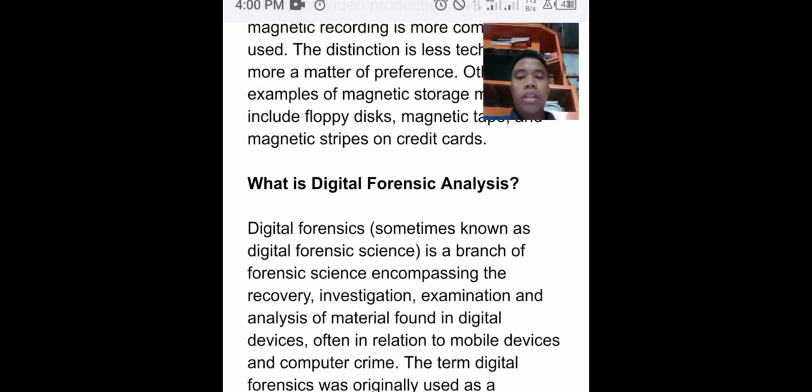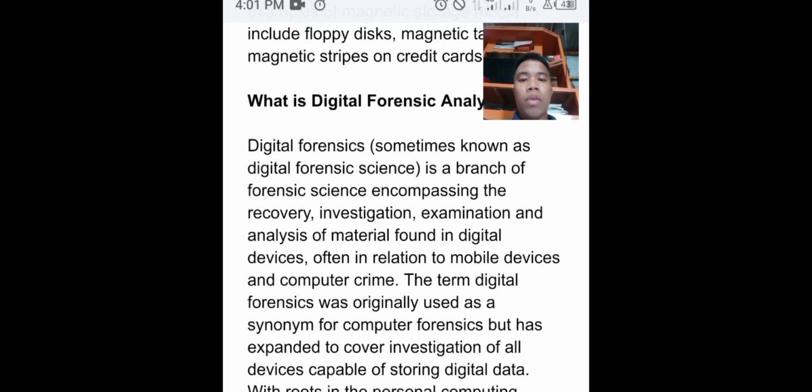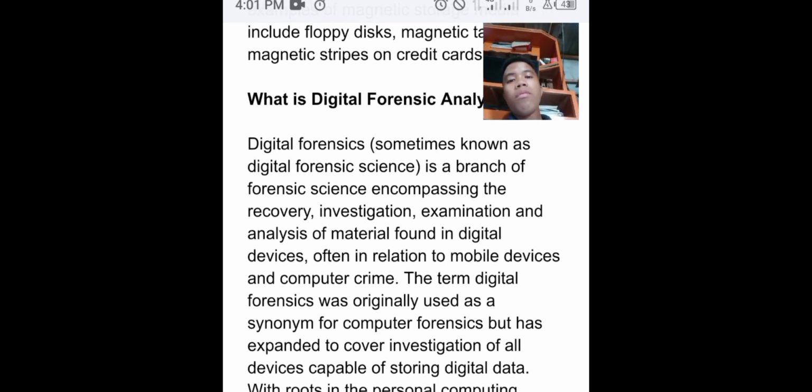The term digital forensics was originally used as a synonym for computer forensics but has expanded to cover investigation of all devices capable of storing digital data.